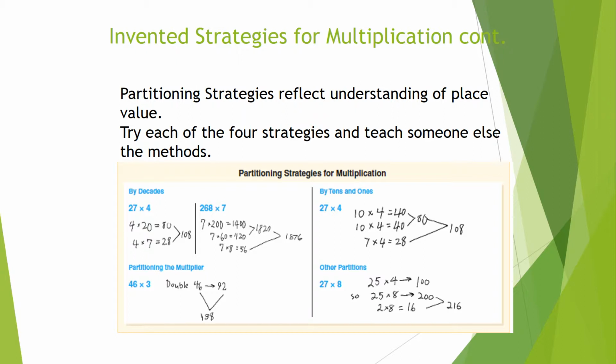And then they did 2 times 8 equals 16 and not 7 times 8 because they're compensating for that 25. That's actually a very well-developed strategy, but I don't think a lot of kids are going to do it like that.